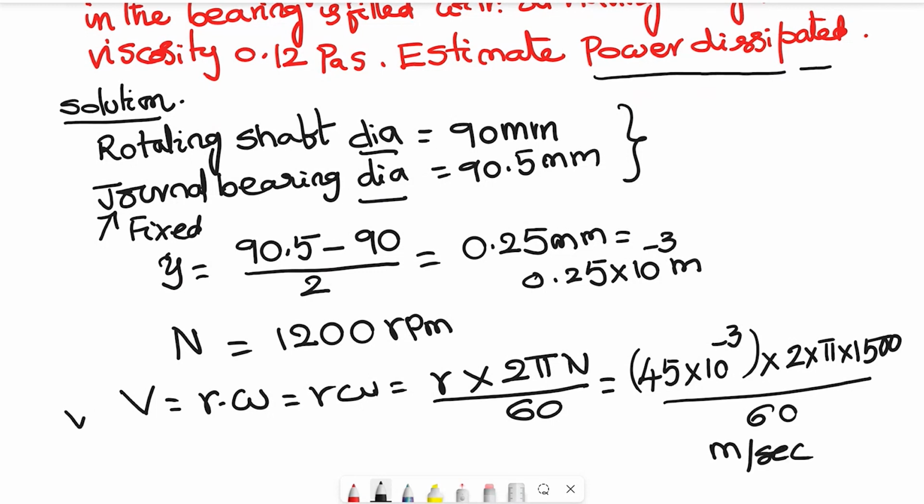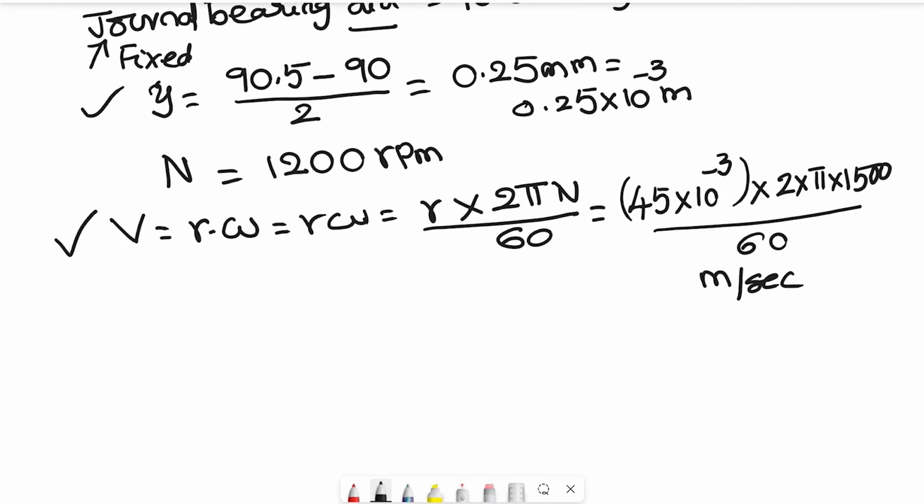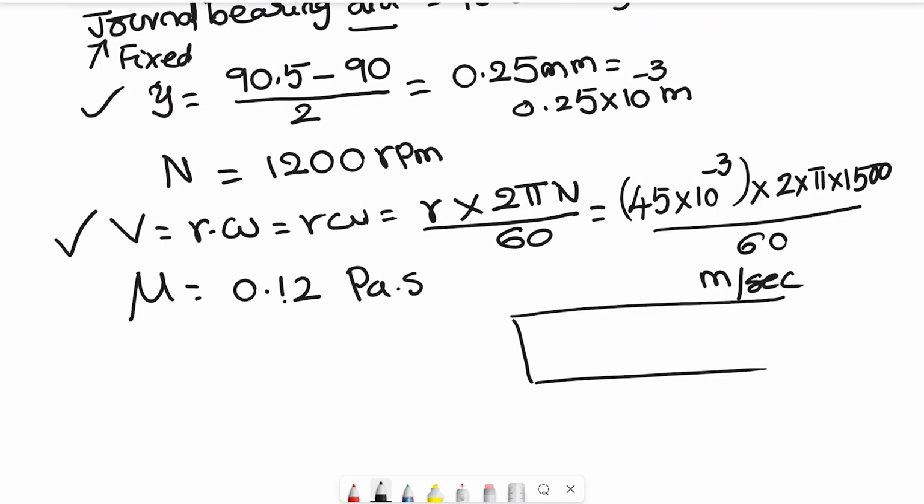So each one we see how we are getting. V and y we got. What is our next one? Mu. He has given 0.12 Pa·s. Pa means Pascal. Pascal means Newton per meter square.